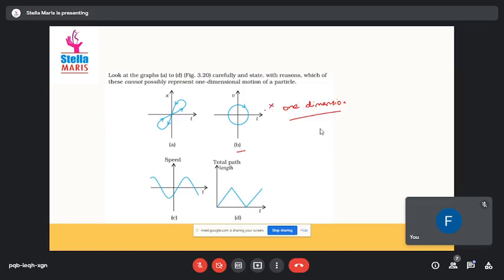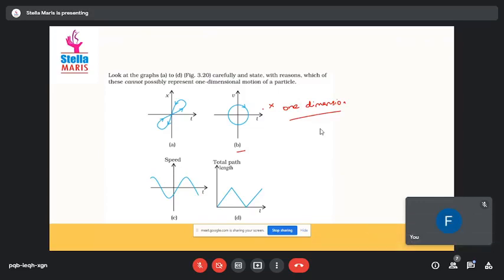The second graph also does not represent a one-dimensional motion. Mrinalini says B is not one dimension because of two positions at one instant.